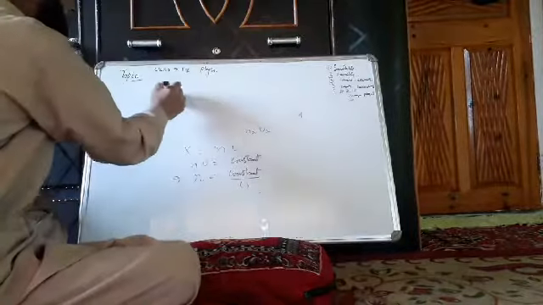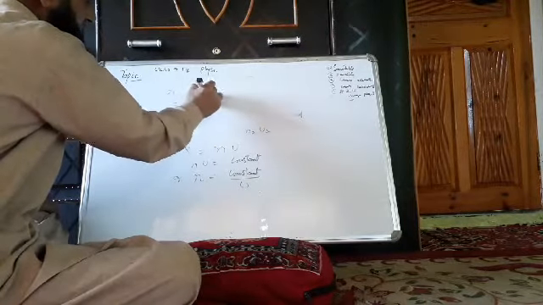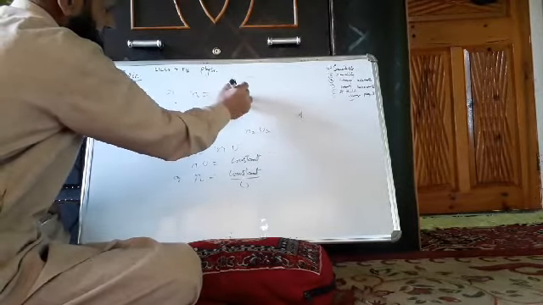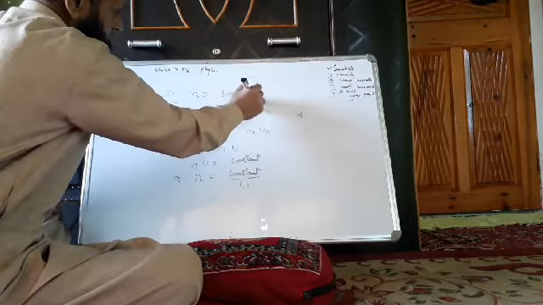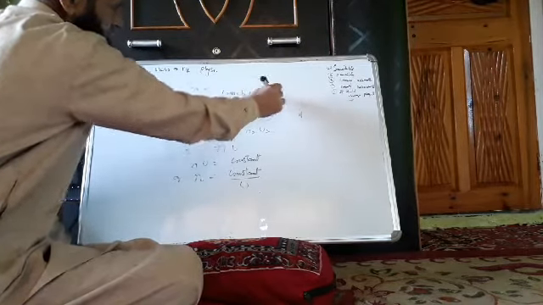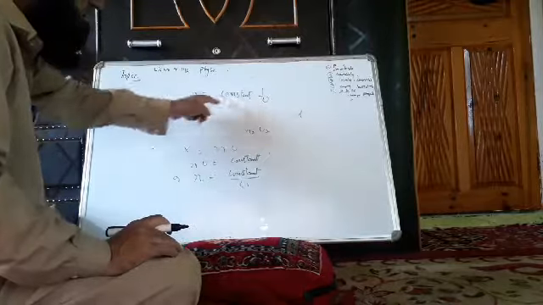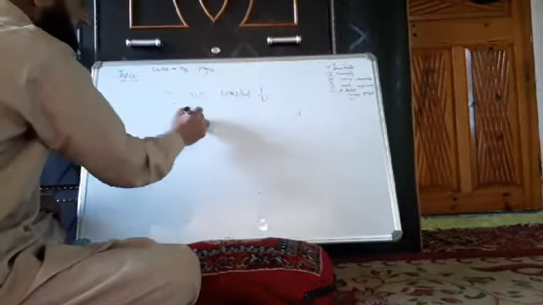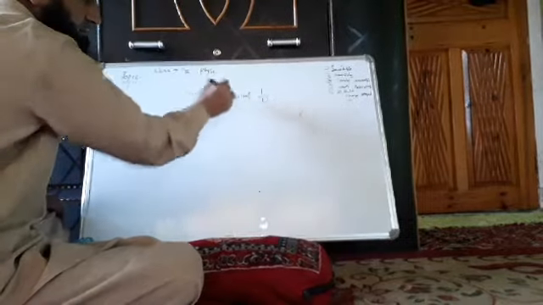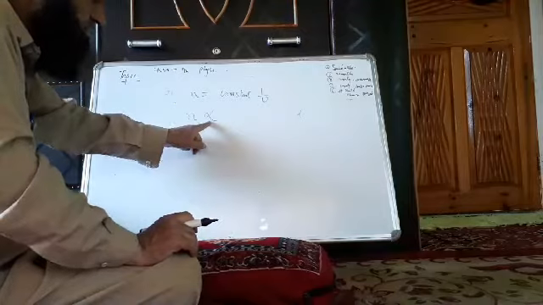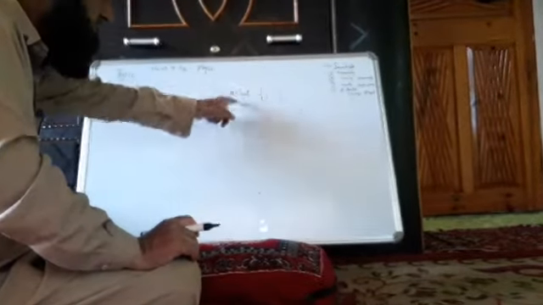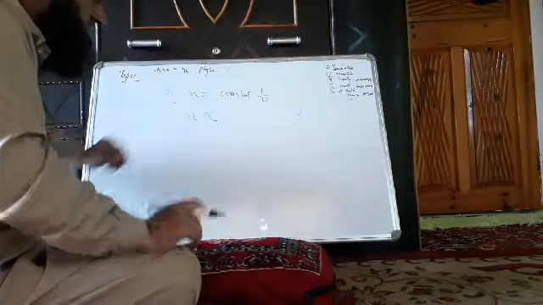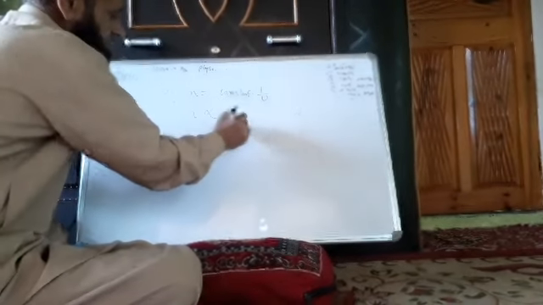Or I can say n is equal to constant into 1 by u. Instead of constant, I can write the sign of proportionality, n is proportional to 1 by u.